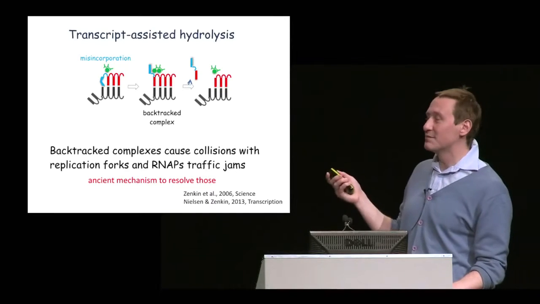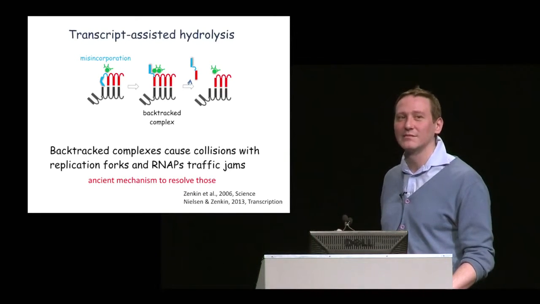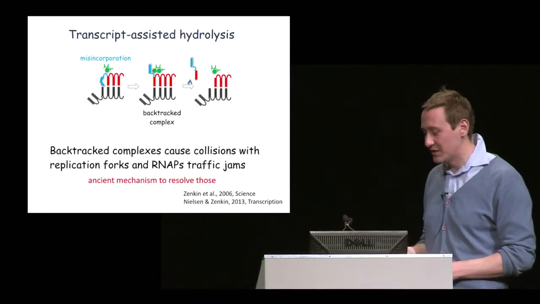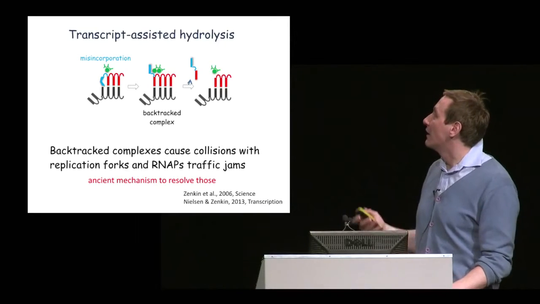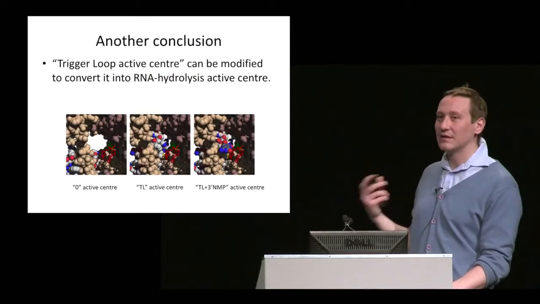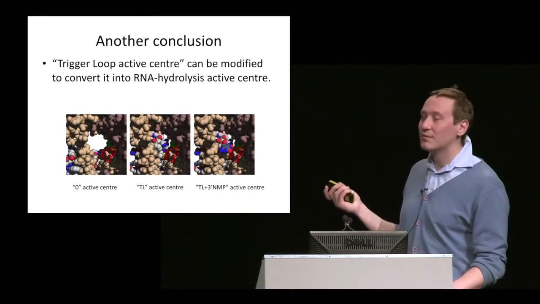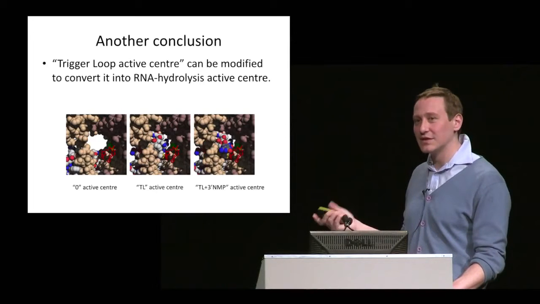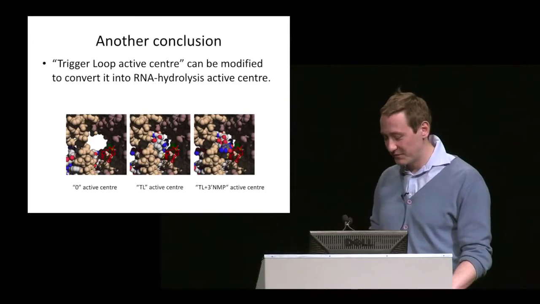So assuming that this mechanism dates back to the last common ancestor before the divergence of bacteria, archaea and eukaryotes. So this is just another intermediate conclusion, that the flexible active center, the trigger loop active center, can be further modified to switch its activity from synthesis to RNA hydrolysis.